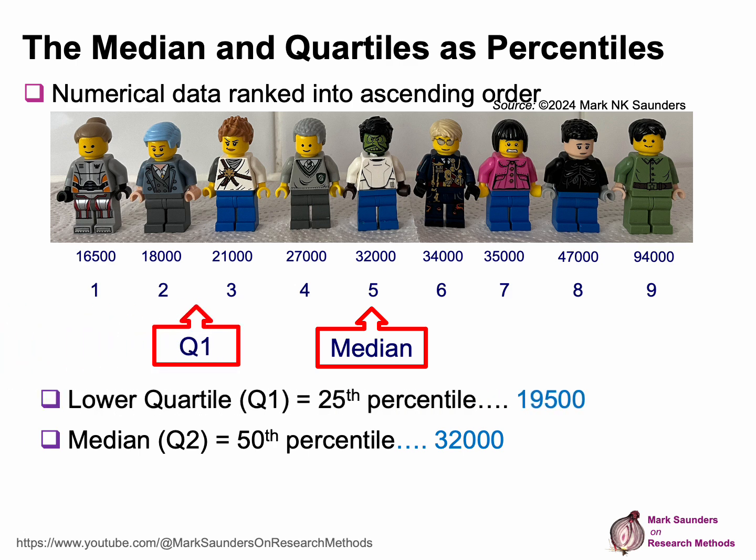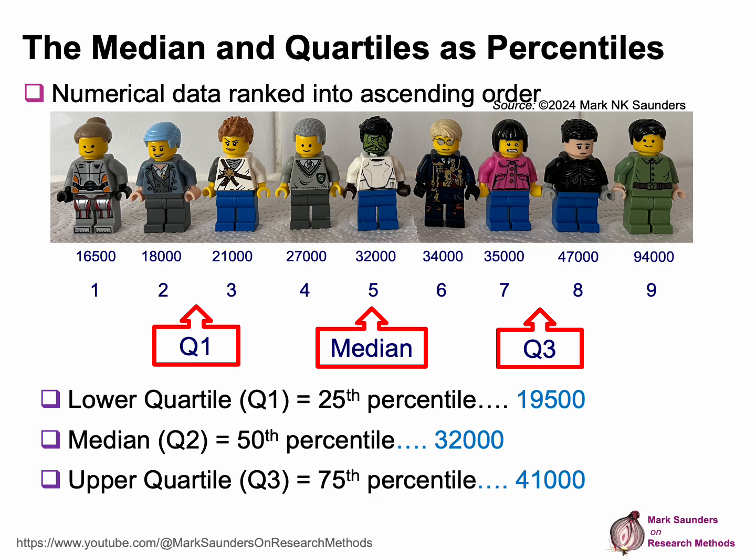The lower quartile, Q1, is in fact the 25th percentile, being a quarter of the way through our dataset, in this case 19,500. Quartile 3, the upper quartile, is in fact the 75th percentile, being 3/4 or 75% of the way through our dataset, with a value of 41,000.